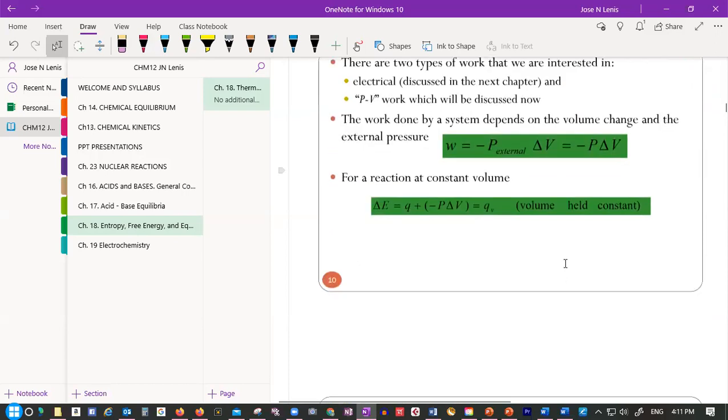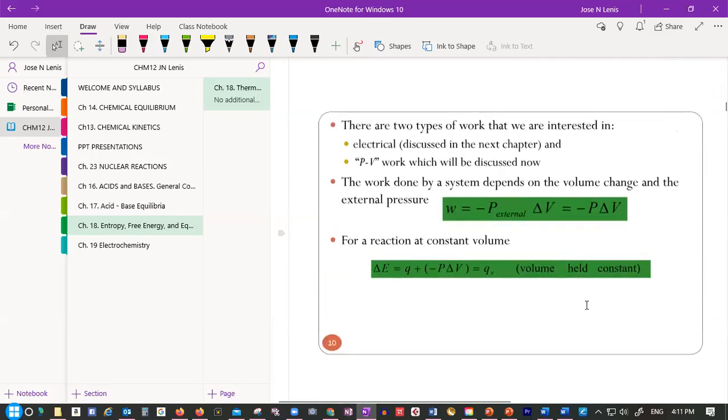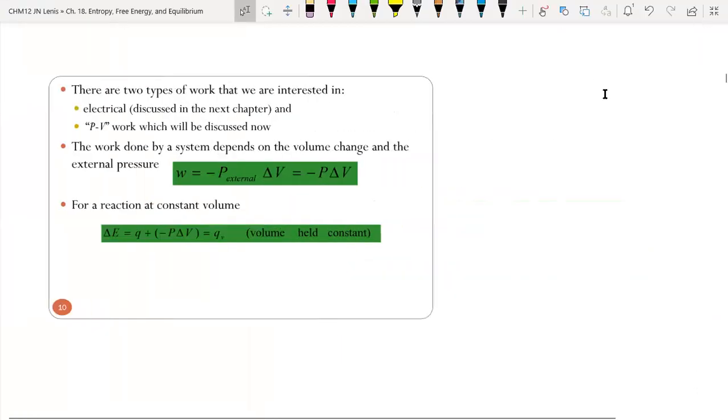All right, there are two types of work. So we said that energy can be transferred as heat and work.